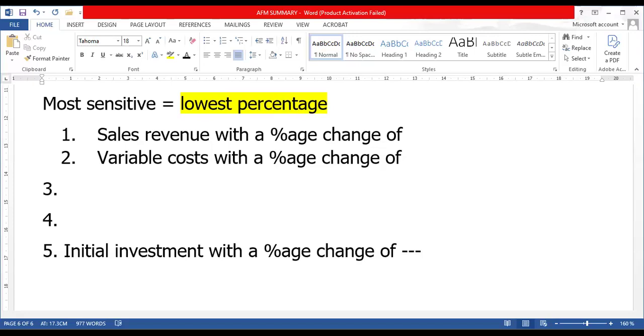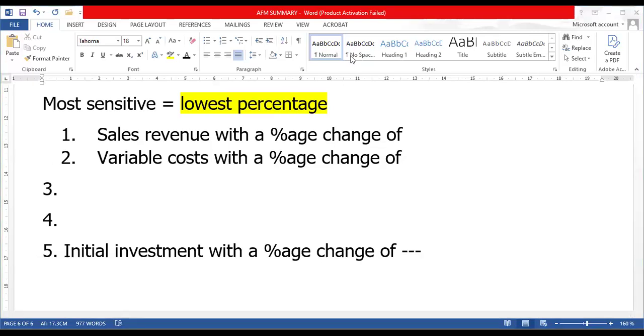That's how you run it. If they say from least to most sensitive, then you start with the highest percentage to the lowest. If they say from least sensitive to the most sensitive, it is the one with the lowest percentage. That's all about 10 marks.